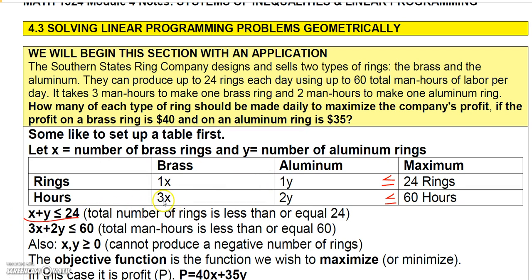Then since it takes 3 hours to make a brass ring and 2 hours to make an aluminum ring, 3x is the number of hours to make brass rings and 2y is the total number of hours to make aluminum rings. If you add 3x and 2y together, that's your total number of hours, and that has to be less than or equal to 60.